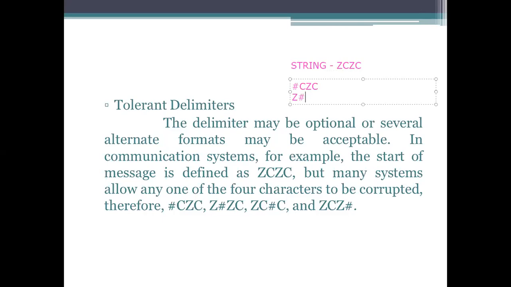These positions have been left empty, that is a hash here. And then the next one is the third position, and the last one is ZC, Z, which uses the hash. So at these four positions, it denotes any character. This is specified as corrupted data.